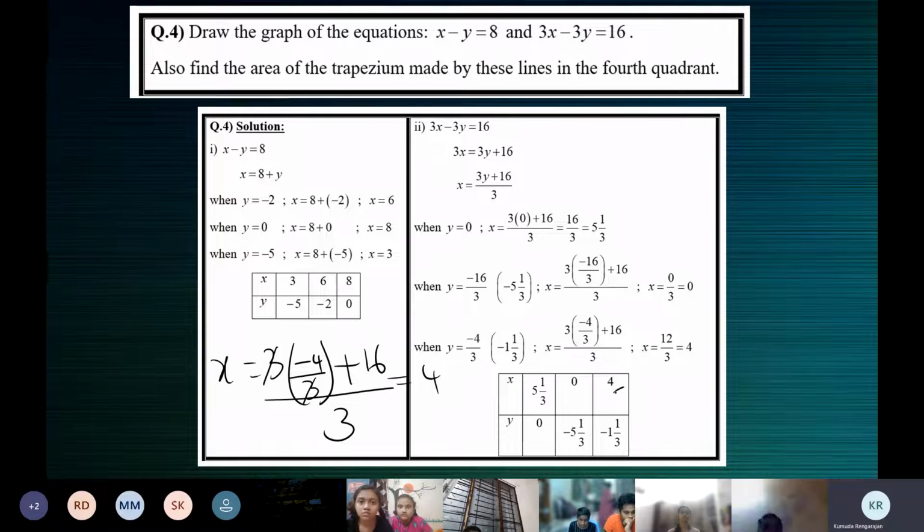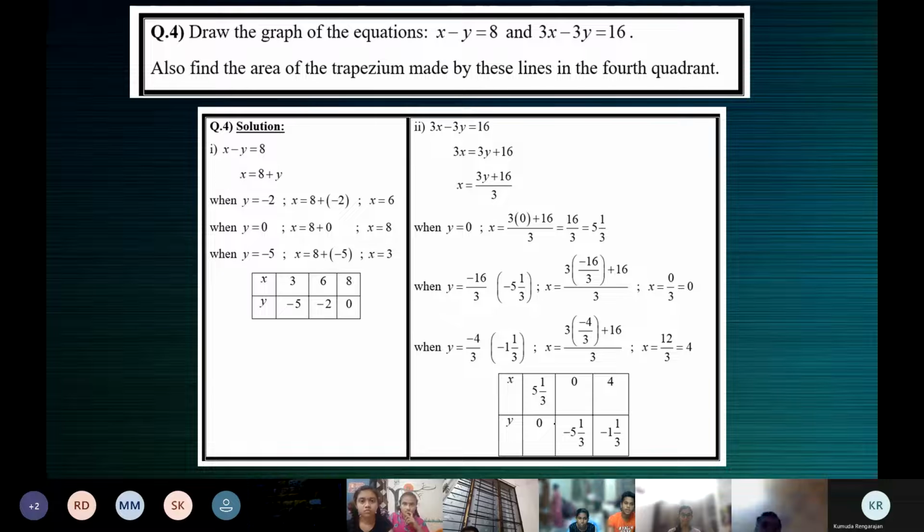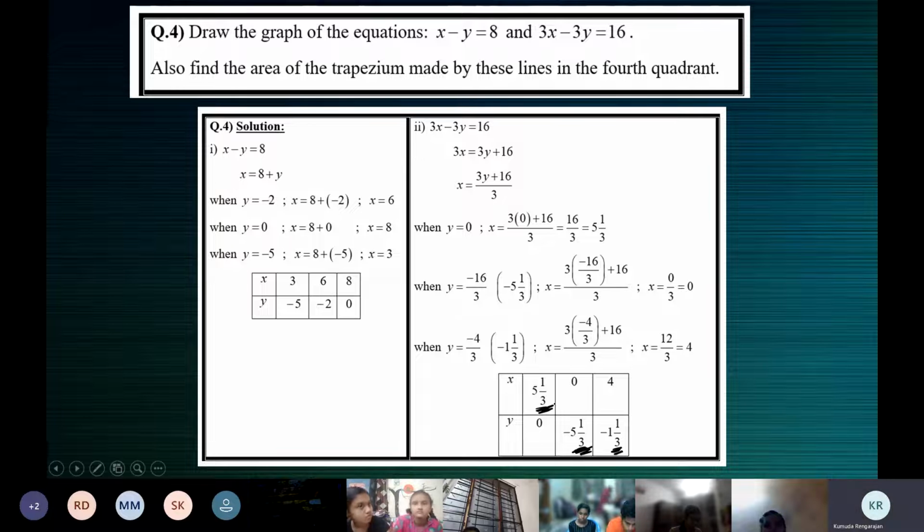So when y is minus 4 by 3, I've written the mixed fraction in the bracket, minus 1 by 3, the value of x is 4. So like this we make the table. This one is 5 1 by 3, this is minus 5 1 by 3, this is minus 1 1 by 3. When you plot, you should plot 4, minus 1 1 by 3, and 0, minus 5 1 by 3, and 5 1 by 3, 0.